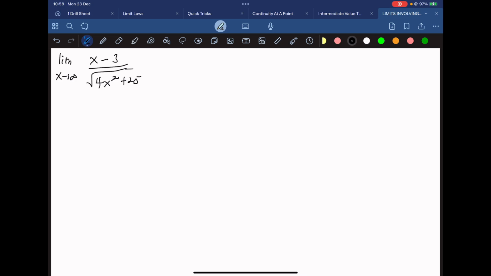In this case, the simplest way to solve this is, looking at the numerator, what is the highest power? X, right? So just factorize x out, then you have 1 minus 3 out of x. Do the same thing in the denominator. The highest is s squared. So factorize s squared out, then you have 4 plus 25 out of s squared.